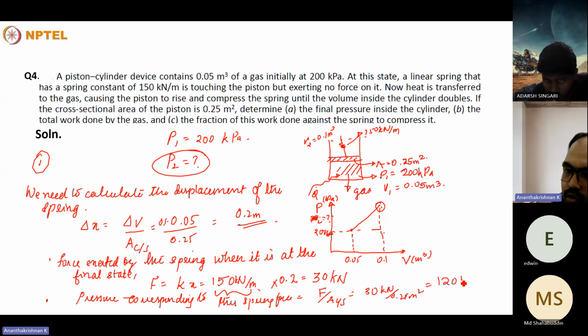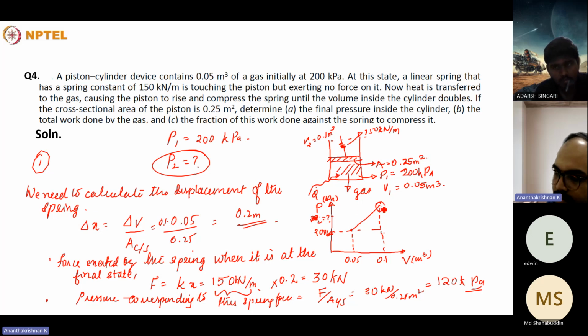That will be equal to 120 kilopascal. Now we know the pressure corresponding to the spring force in the new state. And the initial pressure was 60 exerted by the gas onto the piston surface.